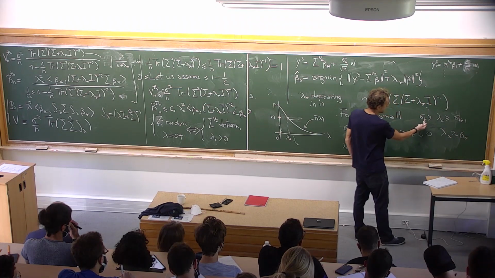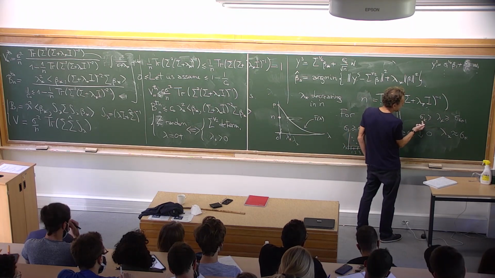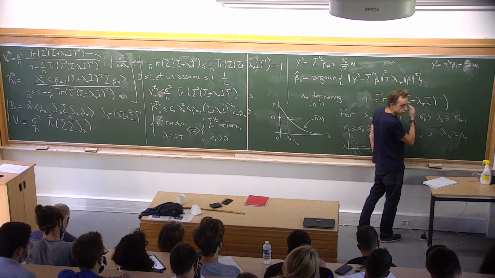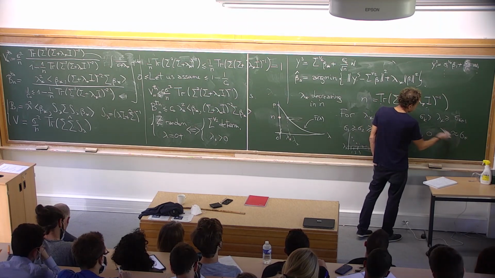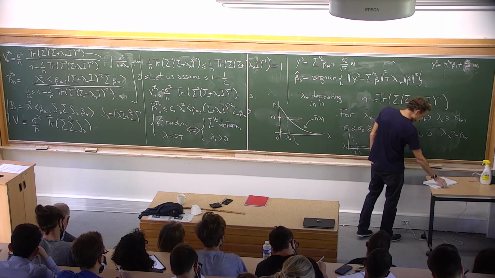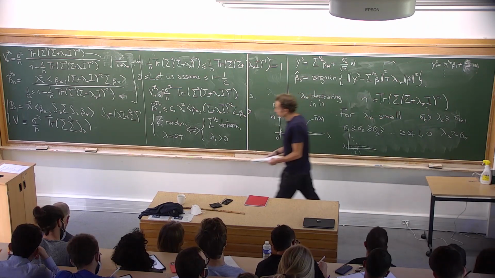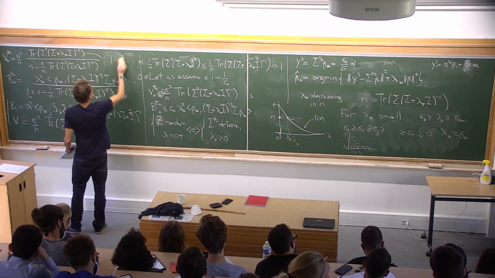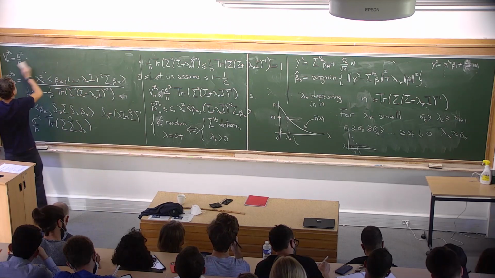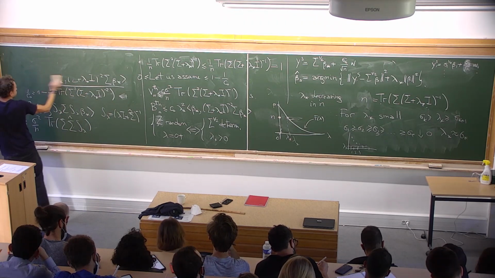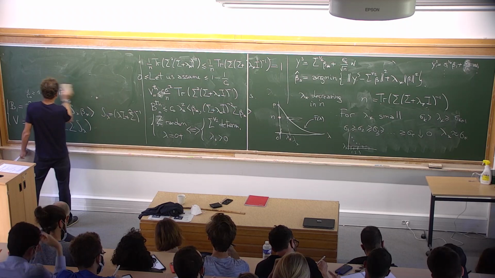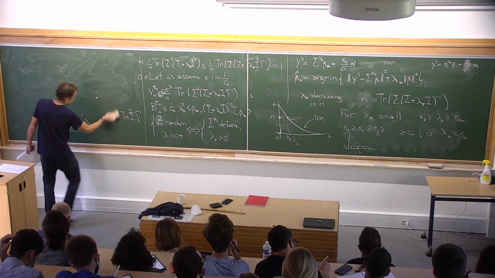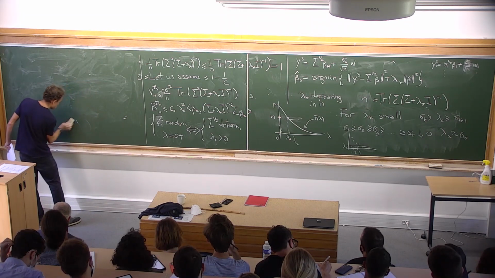I'll define k as the last k at which sigma k is bigger than lambda star. And since these eigenvalues go down to 0, this will be very close to sigma k.